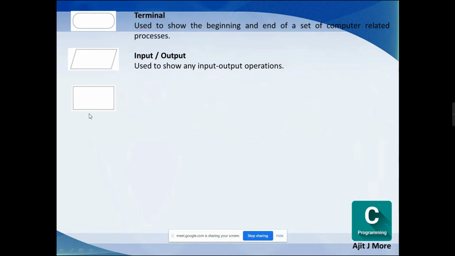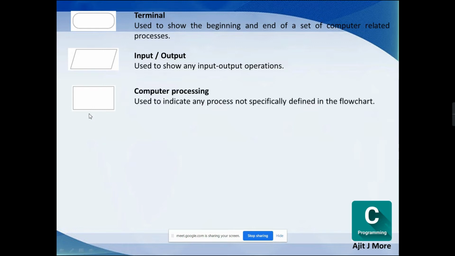So it is a process box. Okay. Right? See, computer process. So any calculations which you are going to do are shown here. So it is used to indicate any process not specifically defined in the flowchart. Okay. So whatever calculations you want to do, show them in this.